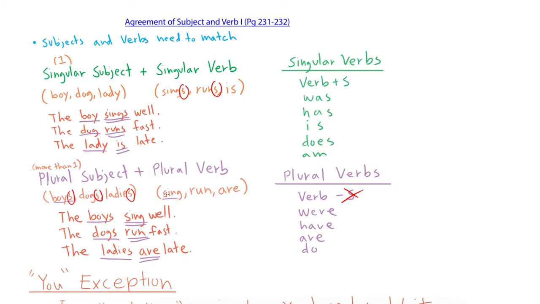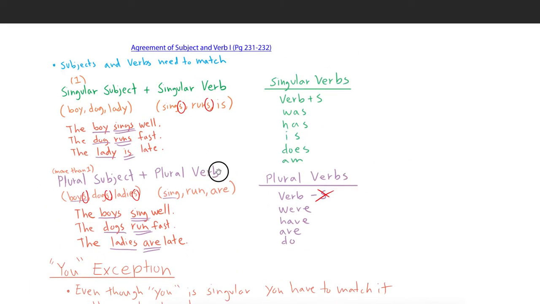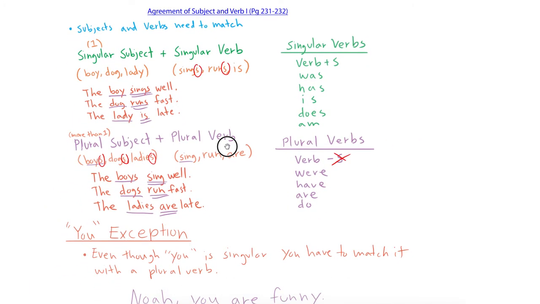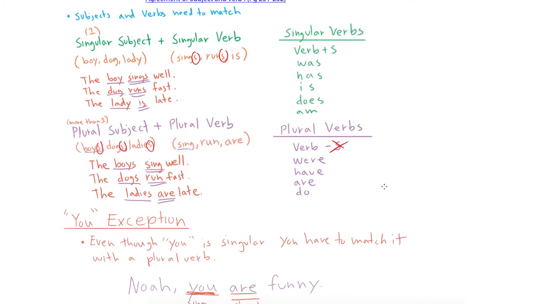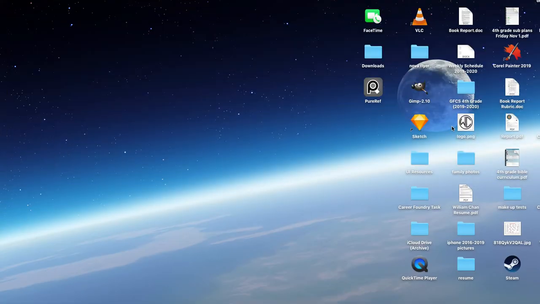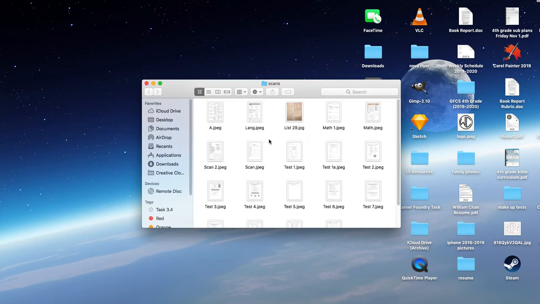Let me zoom out so you can see everything. If you ever need a reference, I think this would be a good screen to look at. All right. So let's look at our worksheet. I've got to find the worksheet first.